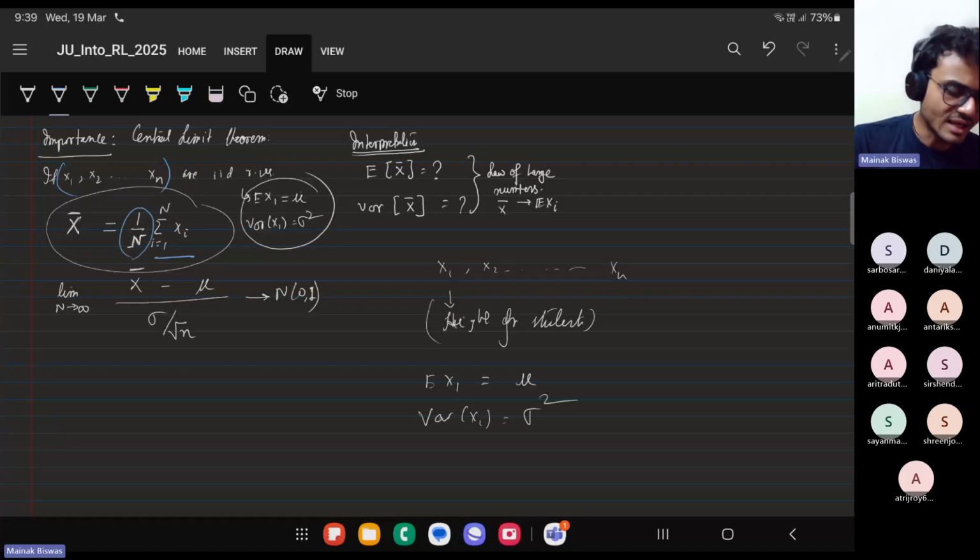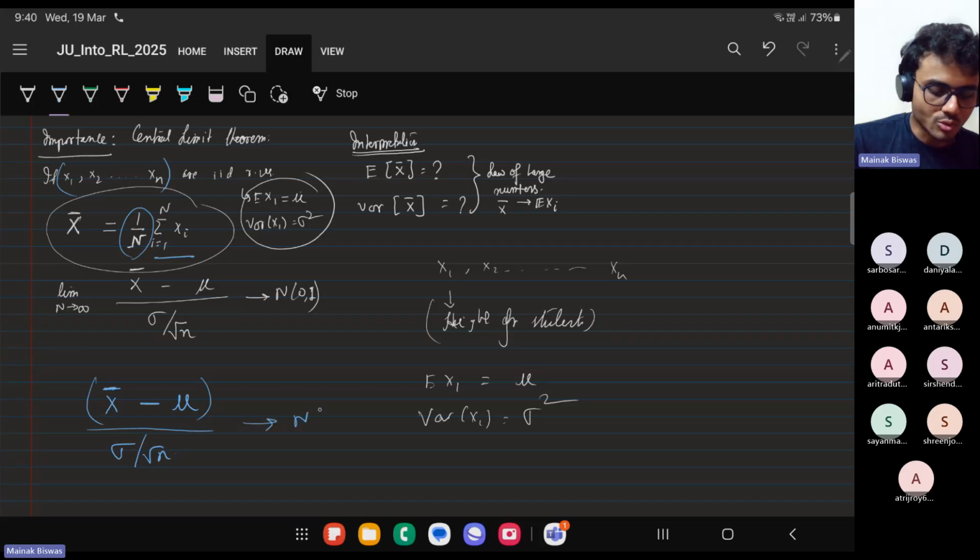When I take the average, I subtract the mean and then divide by the standard deviation. This converges to normal 0, 1 in distribution. This is the central limit theorem, and it comes from the law of large numbers. Let us see what it means.